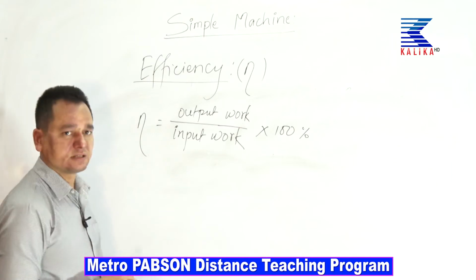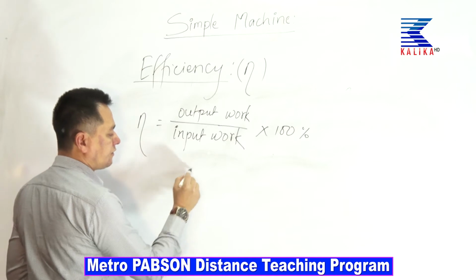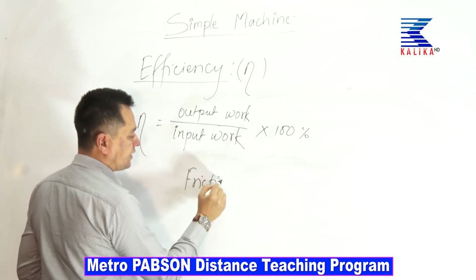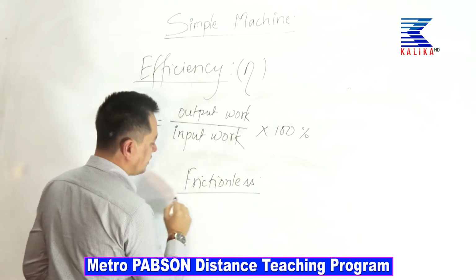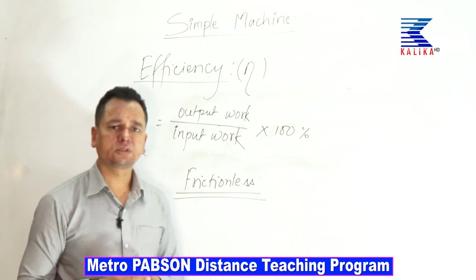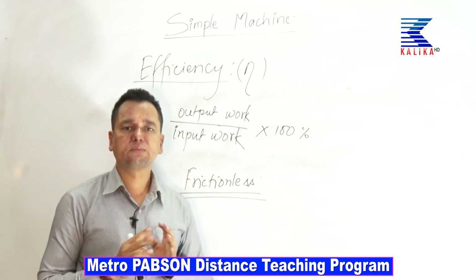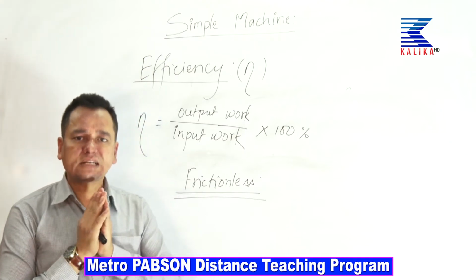Now, what's the reason? No machine is frictionless. Suppose we think a machine is ideal, that is, completely frictionless.